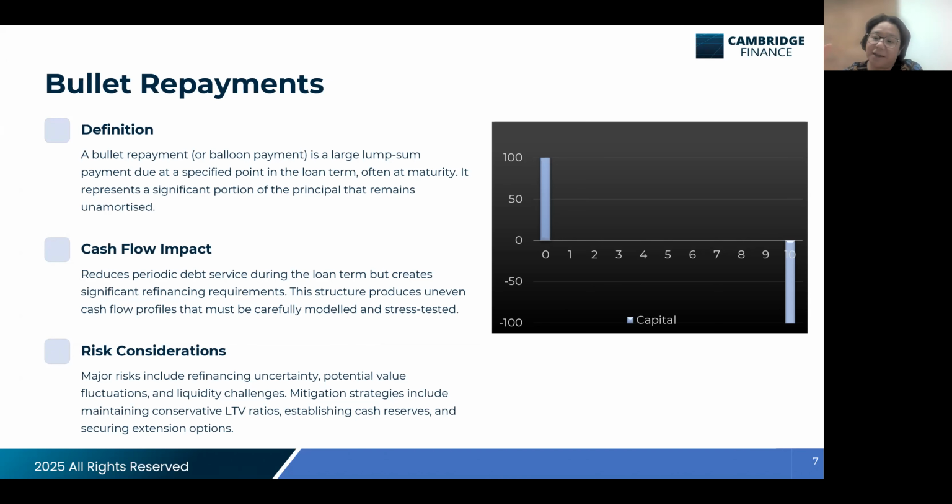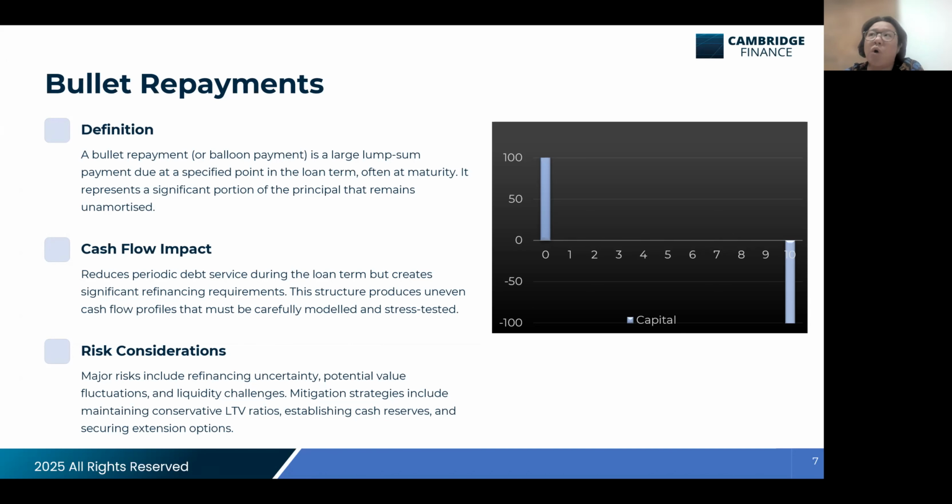That's really the risk, because at the end, your capital value, mainly the building that you built, once you sell it or you refinance it, should be enough to pay back the principal and the interest. So I hope that's clear now.